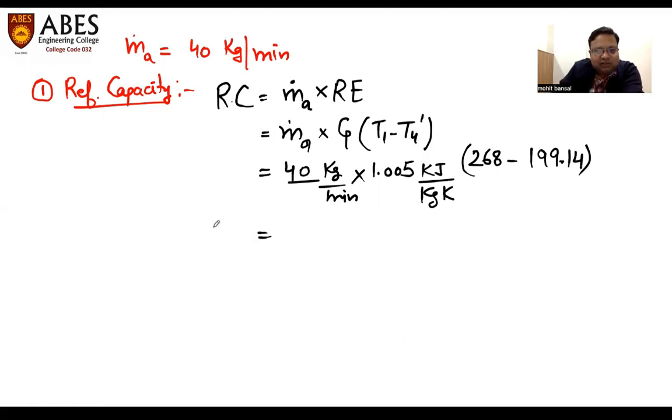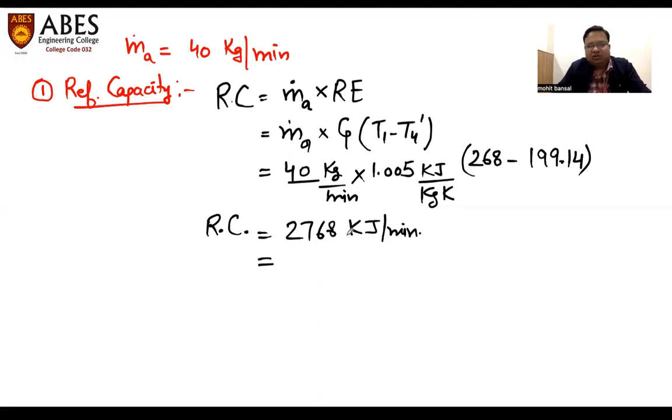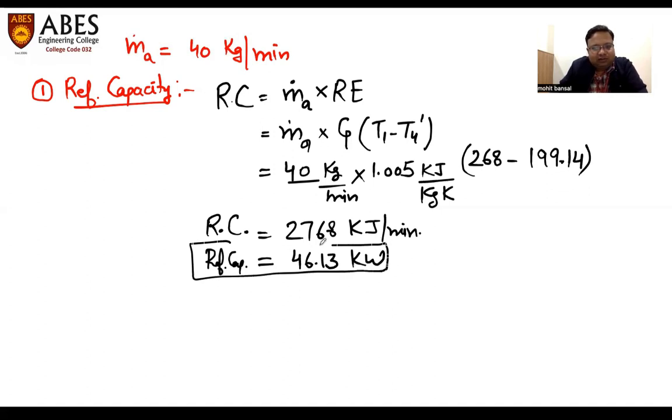So on solving this, the refrigeration capacity comes out to be 2768 kilojoule per minute. But generally, we are much more concerned to represent this refrigeration capacity in terms of kilojoule per second. So when we divide 2768 by 60, it comes out to be 46.13 kilowatt. That is the refrigeration capacity. So this is our answer for the first question.